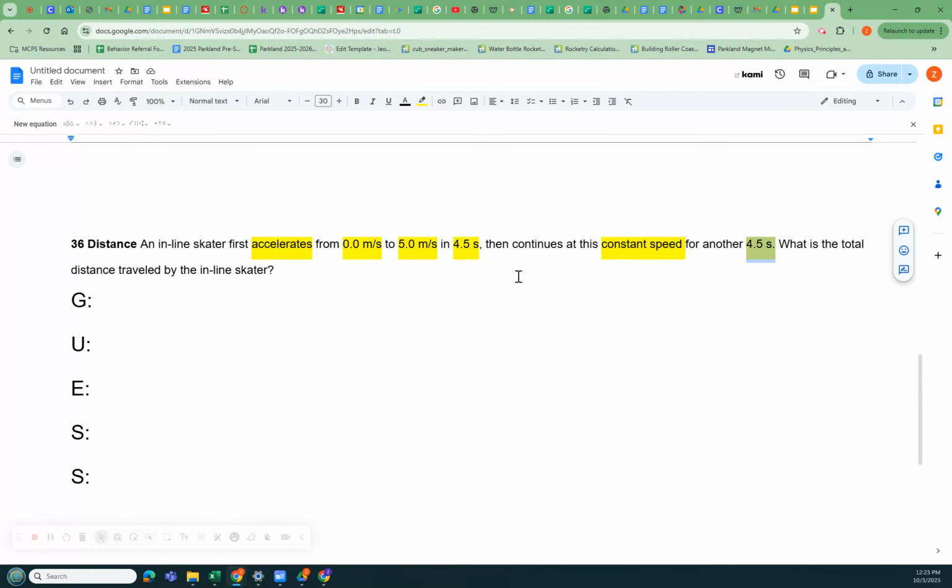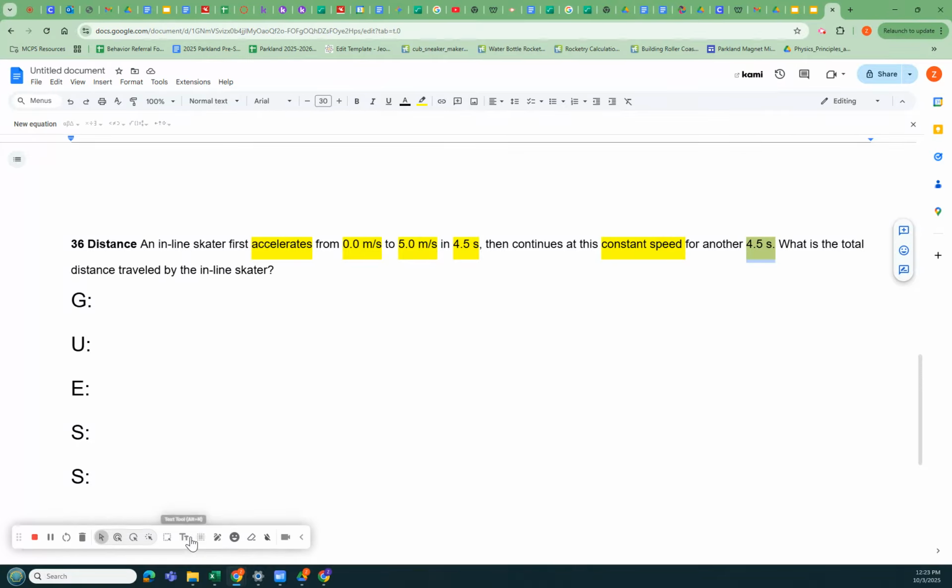This looks like we're going to have to do two equations to get the total distance because they start out accelerating for 4.5 seconds, then they move at a constant speed for 4.5 seconds. So we need two equations to solve for distance.